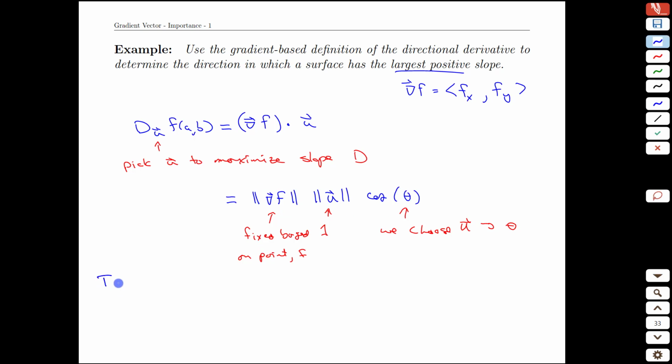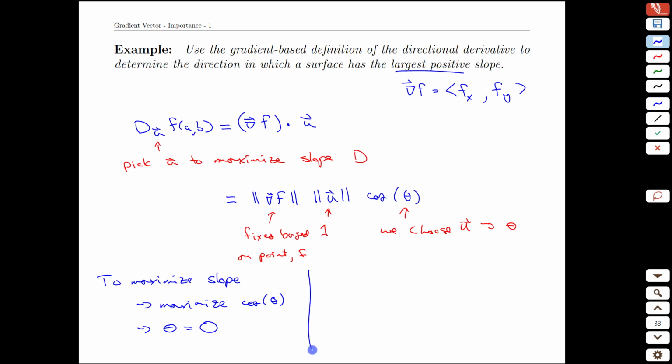Well, to maximize our slope, which is our D_u f up here, which is equal to all of this, we're going to need to maximize the cos of theta. And the way we maximize cos of theta is we choose theta equals 0. That is where the cosine graph has its peak.